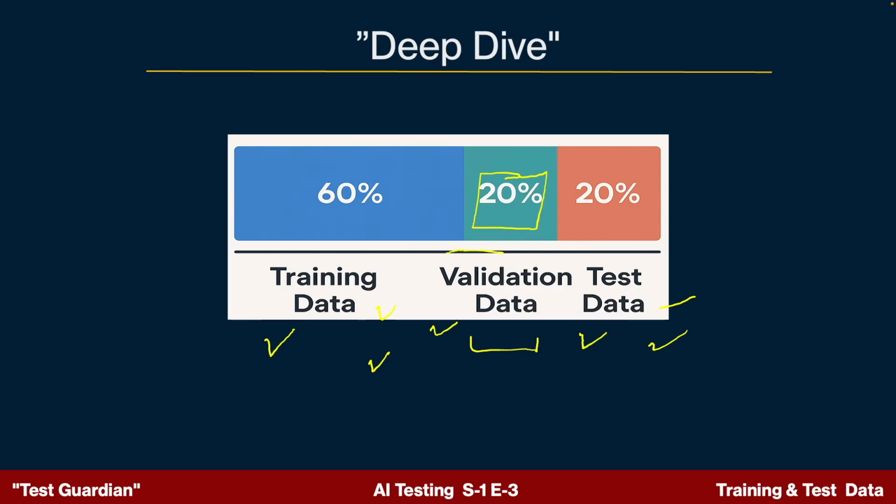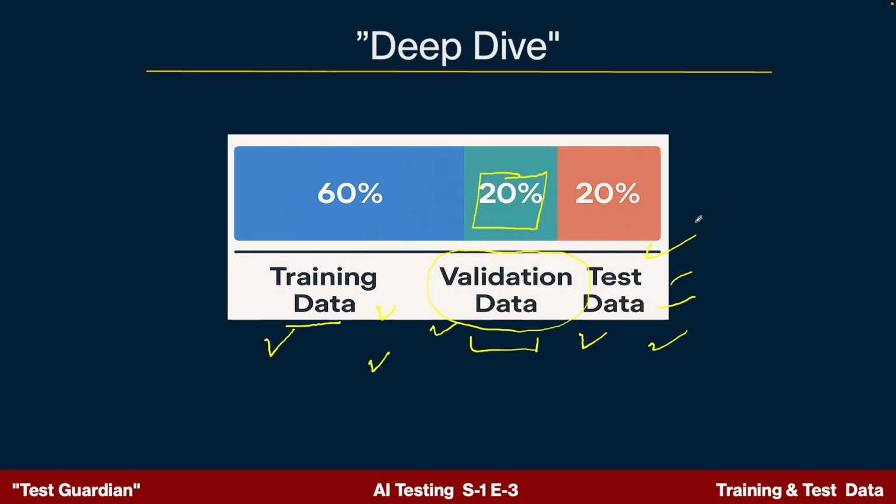Now the question here is, why do we even need the validation data, since we are already using the test data? If something goes wrong, we can just use the test data again, right? So the reason is, maybe you have seen some students who are really intelligent, good in class, they learn everything, but when they go to the exam, they usually fail because they just remember all the data, but they don't know how to apply that knowledge to new scenarios.